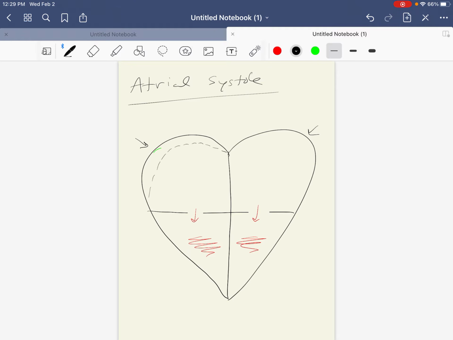When the atrial walls contract, that means that the volume of the atria in that moment is lowered. And because we know the volume-pressure relationship, when volume goes down, pressure goes up.